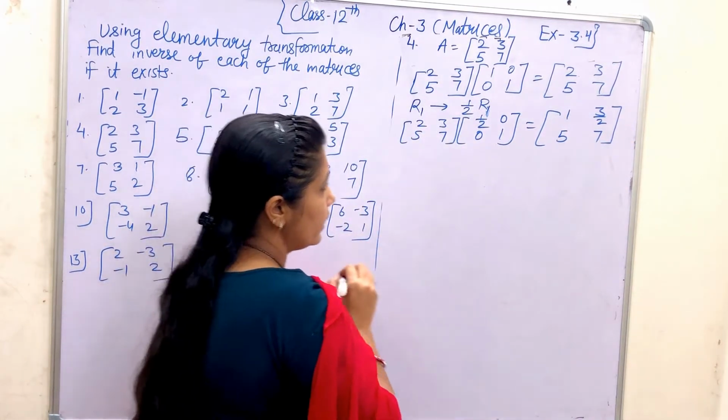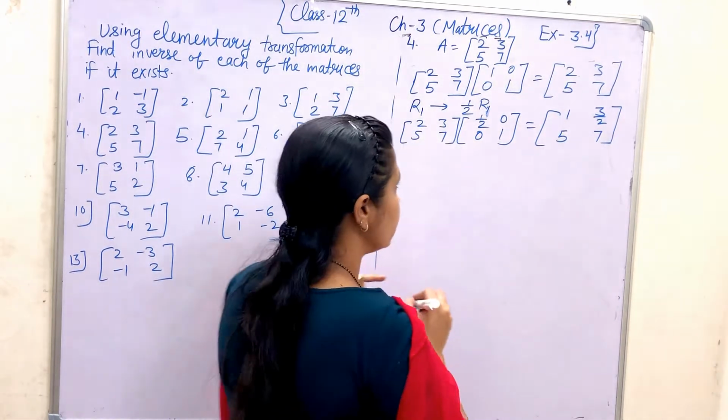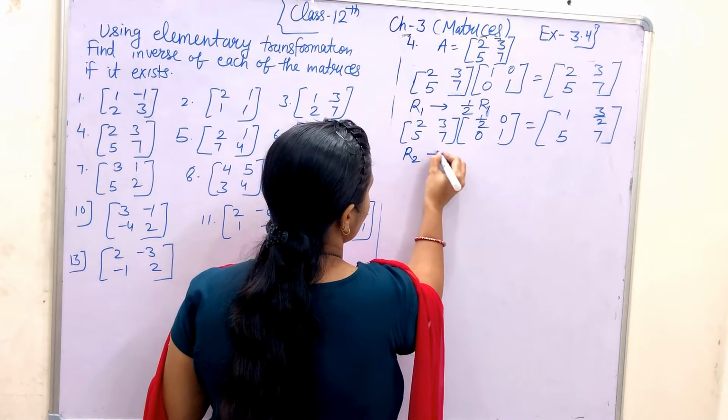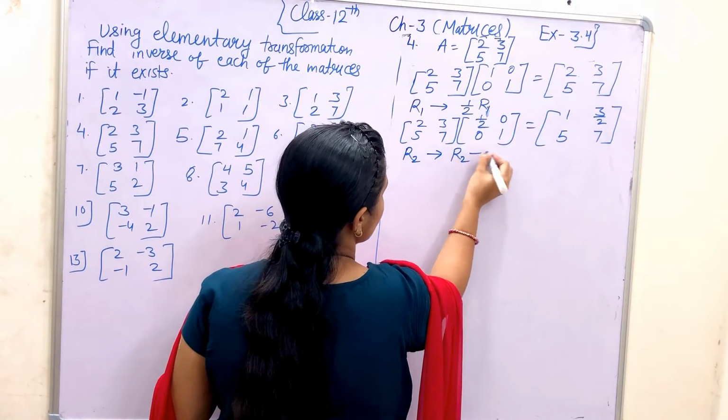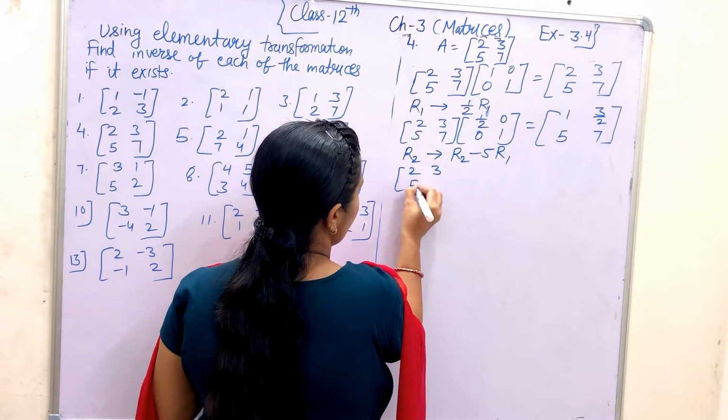Now we know that our A21 entry is 0 in the identity matrix. So we apply the operation on R2: R2 minus 5 R1.